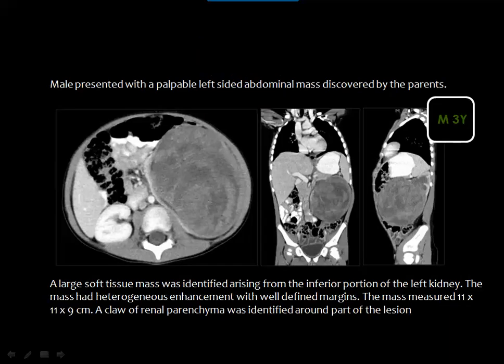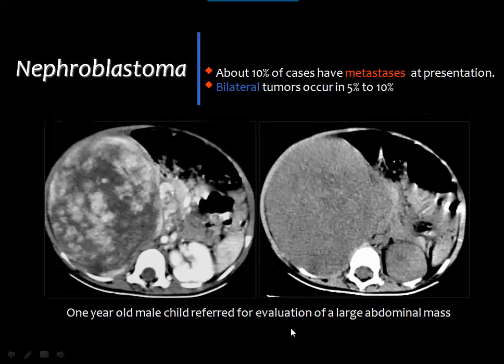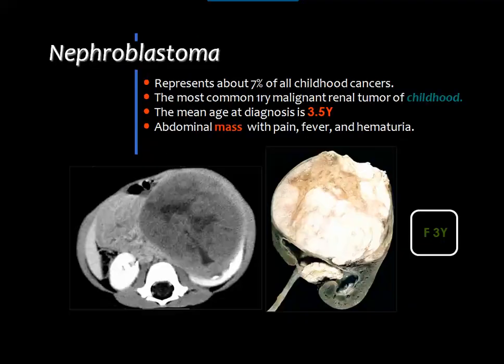And in order to know that this mass is of renal origin, there is a good sign which is known as the claw sign. And by the claw sign, I mean that there is normal renal tissue extending along the border of the tumor, appearing like a tongue-like process.